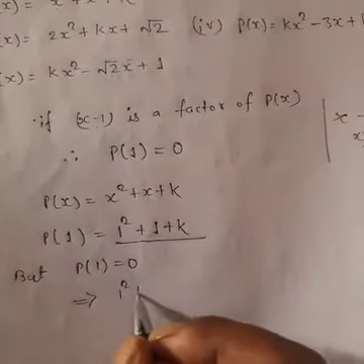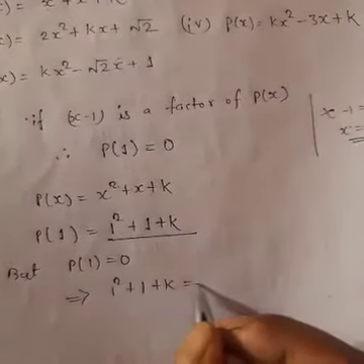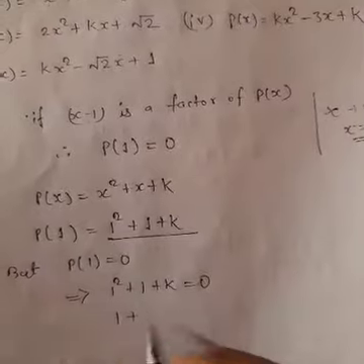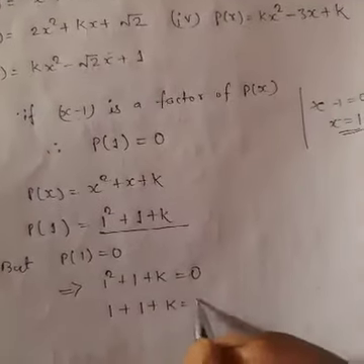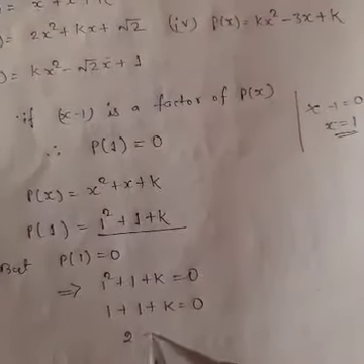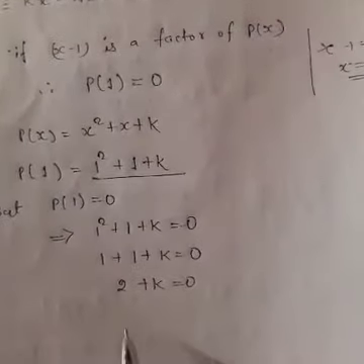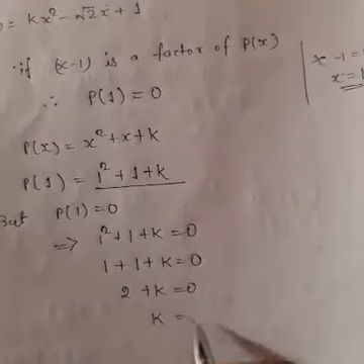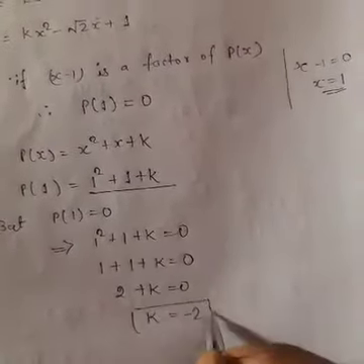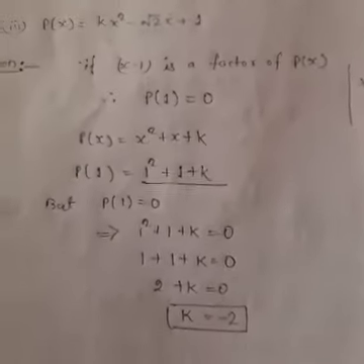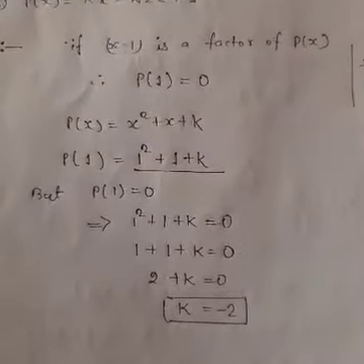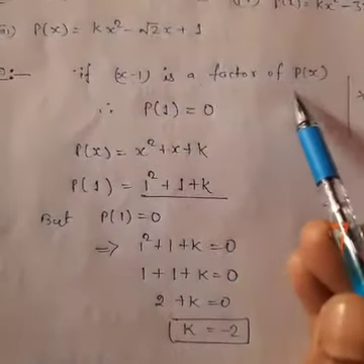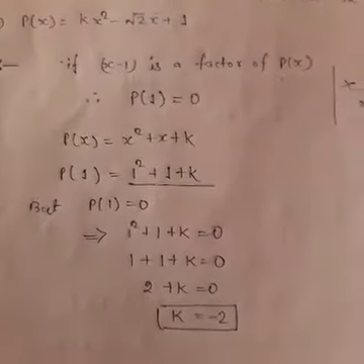So 1 square plus 1 plus k equals 0. So 1 plus 1 plus k equals 0. So 1 plus 1 is 2, 2 plus k equals 0. Transposing plus 2 to the right hand side, it will be minus 2. So the value of k should be minus 2 if x minus 1 is a factor of the given polynomial.